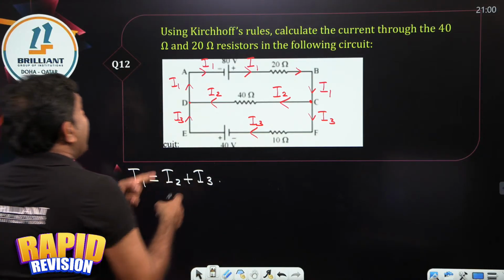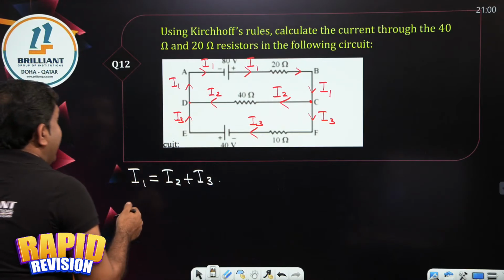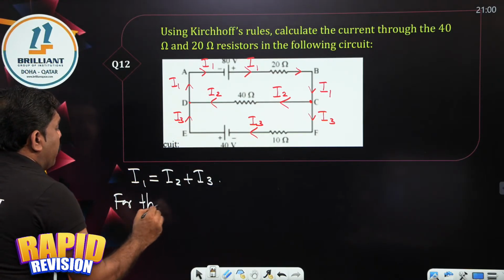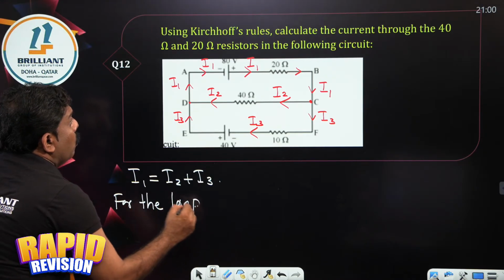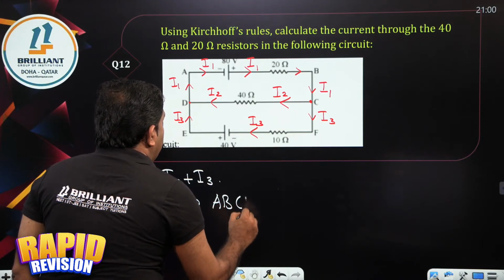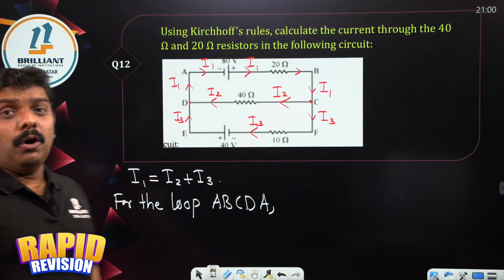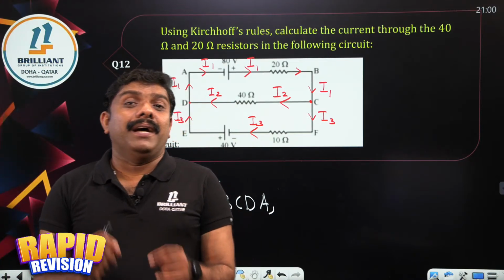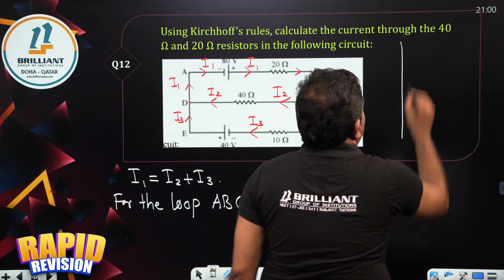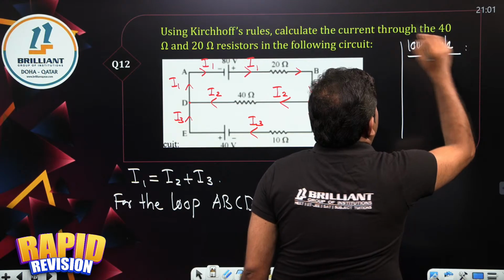And now we are applying the loop rule. I'm taking first the loop A, B, C, D, A. When we apply the loop rule, there are 3 points we want to take care of.